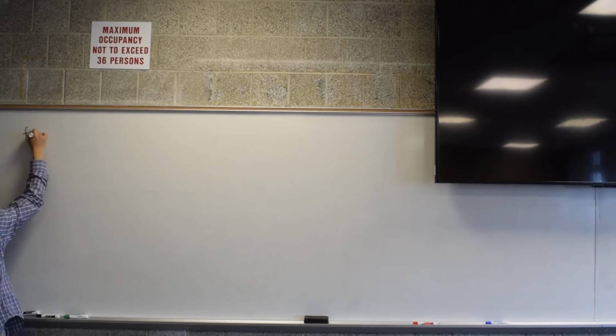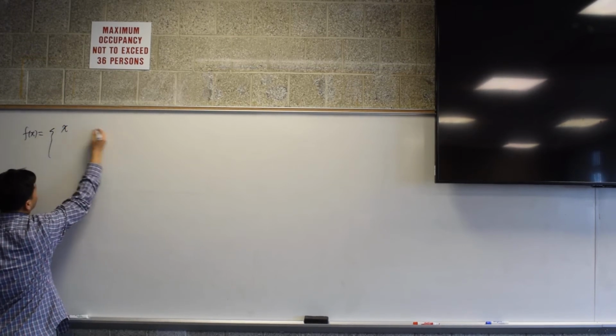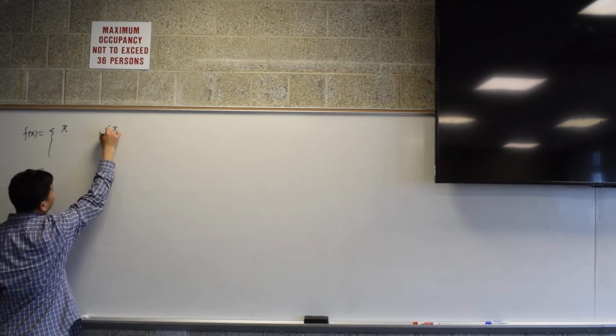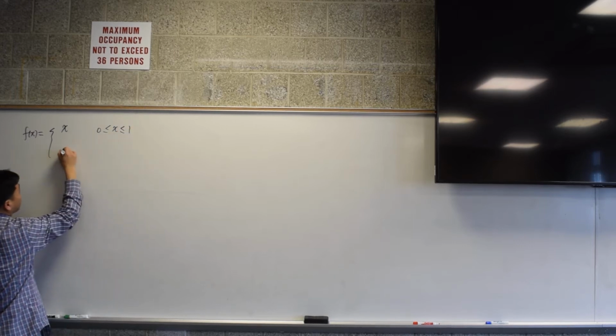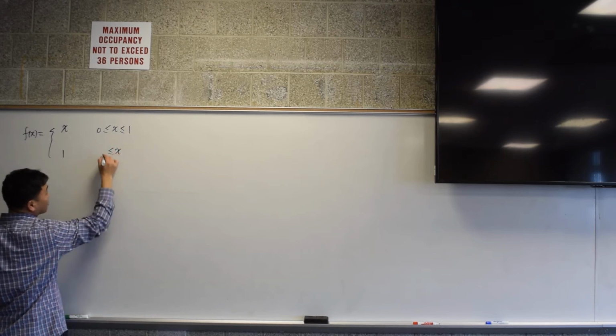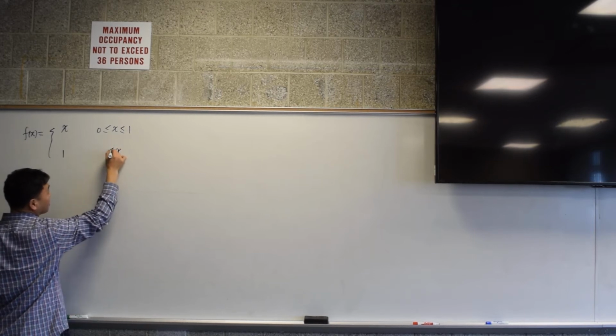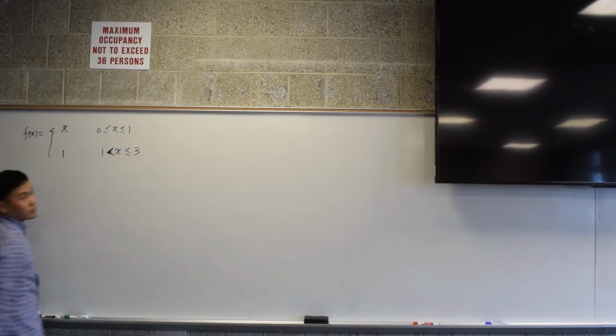Let's say f of x is given as x for x between 0 to 1, and then it's 1 for x strictly bigger than 1 through 3. Okay, let's say you have such a function.